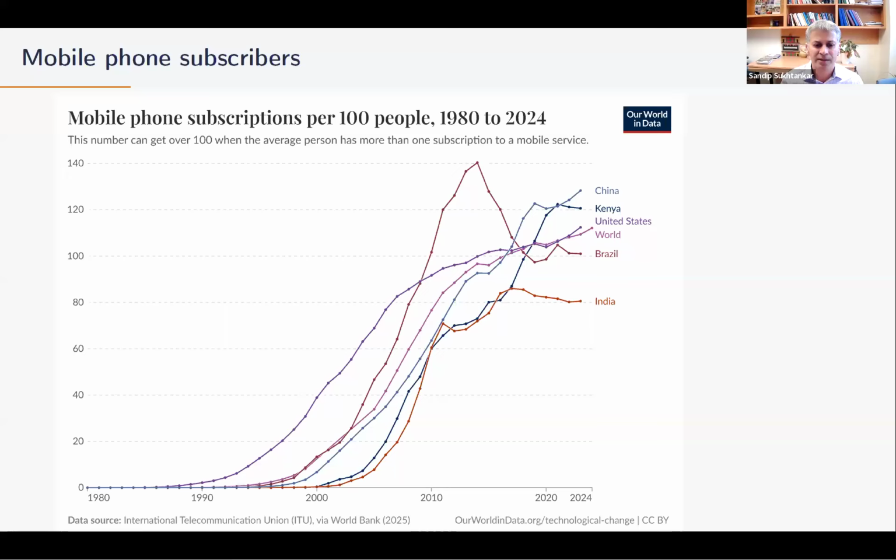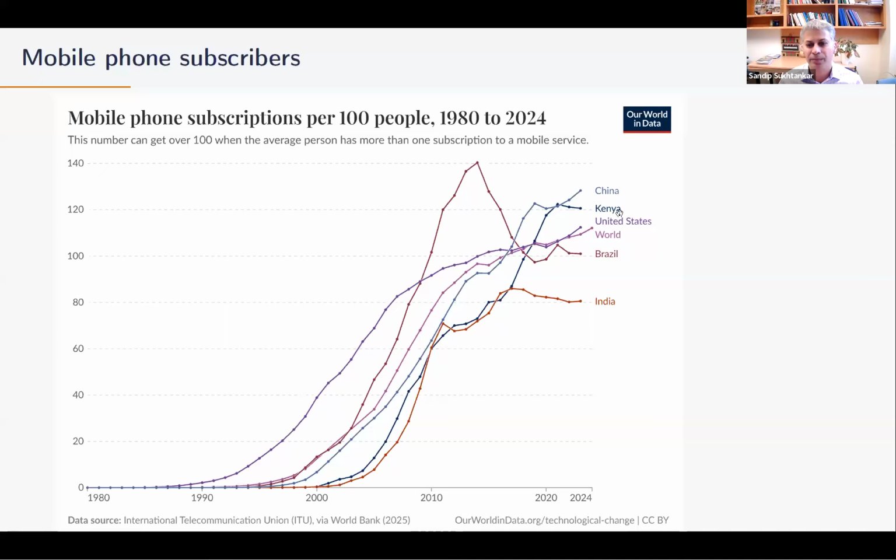Amongst the things that they have is this data on mobile phone subscriptions per 100 people over the last 45 years. And you'll see there's basically nothing going on early, but over the last 15, 20 years, there's been absolutely huge explosions.